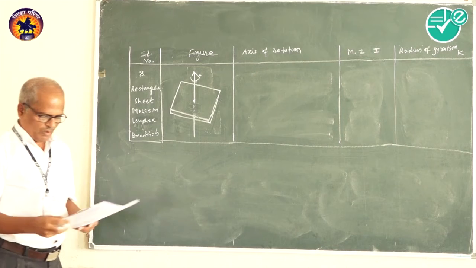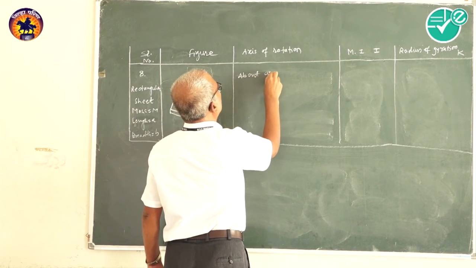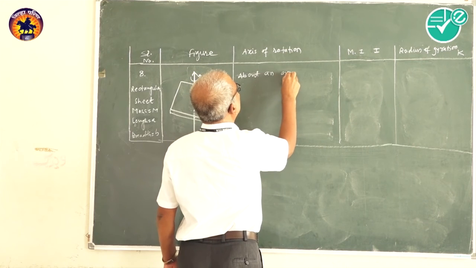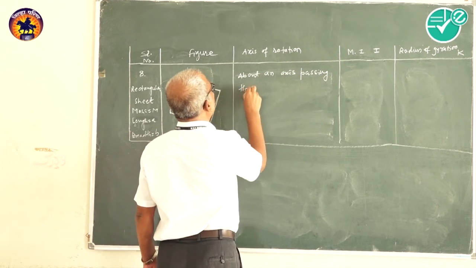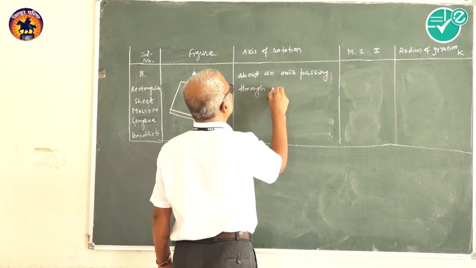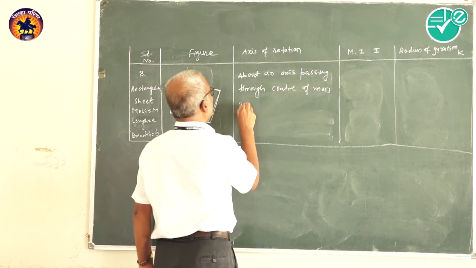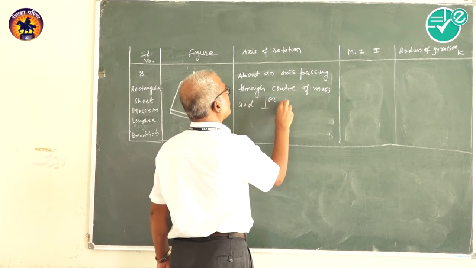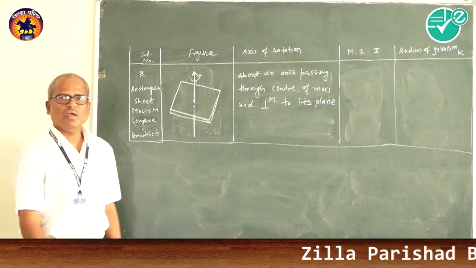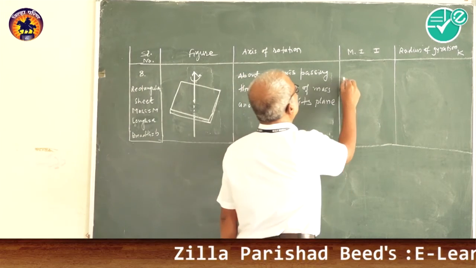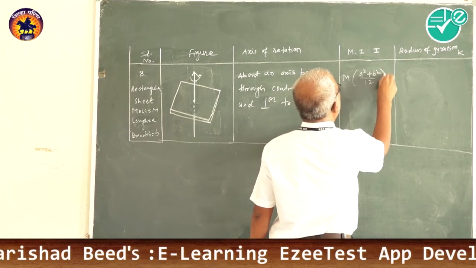Moment of inertia about an axis passing through its center of mass and perpendicular to its plane is m into bracket a square plus b square divided by 12.